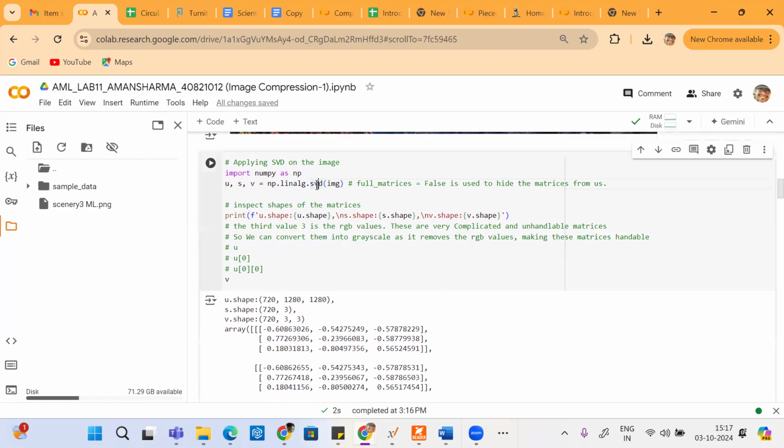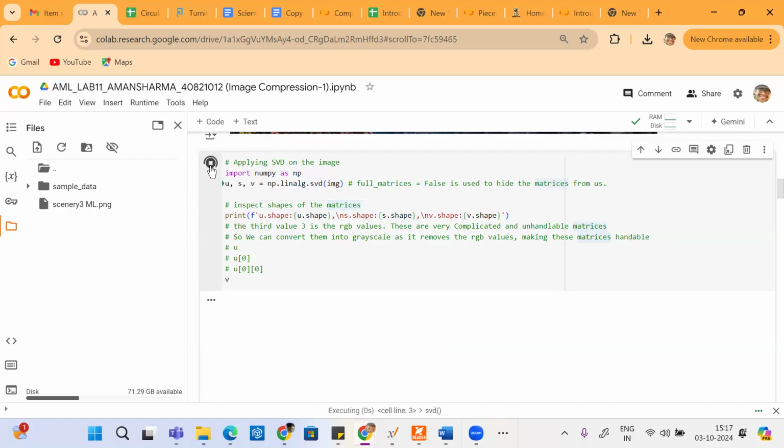As you see, I am passing the image to SVD. Now if I run the code, it will automatically convert into matrices. See the power of the SVD.